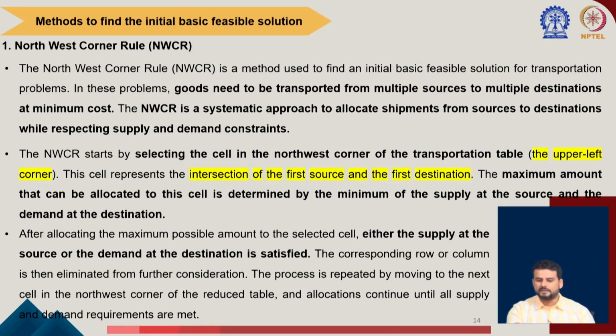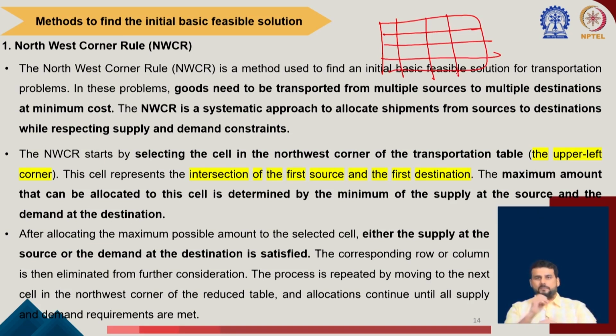The northwest corner method starts with allocating the number of units from the northwest corner. So in this matrix, the northwest corner will be this one, right? Once we allocate in this cell, then either we strike the row or we strike the column, or both also we can strike.